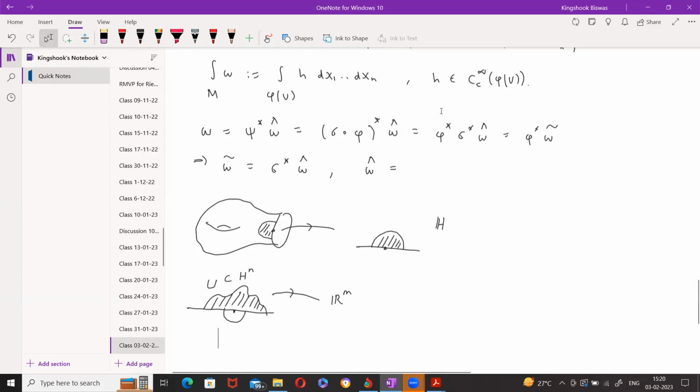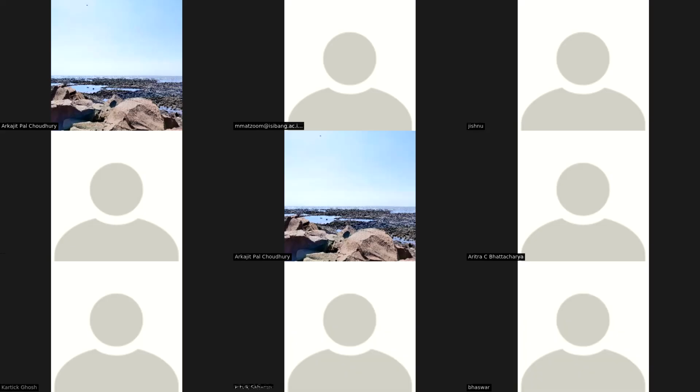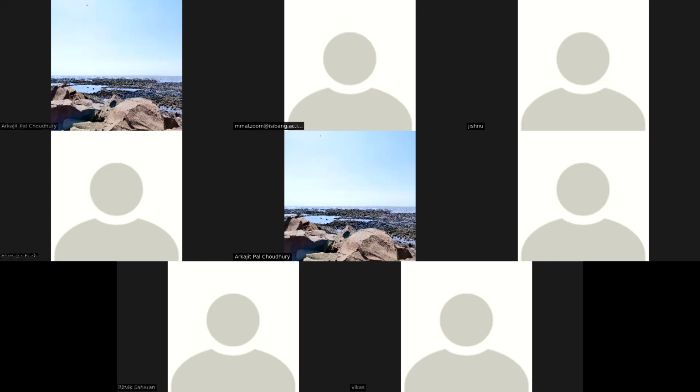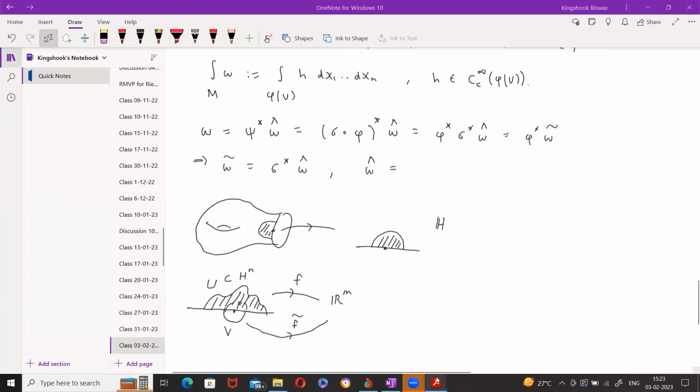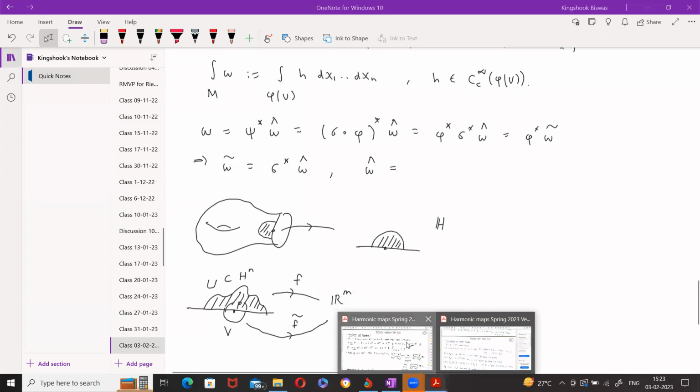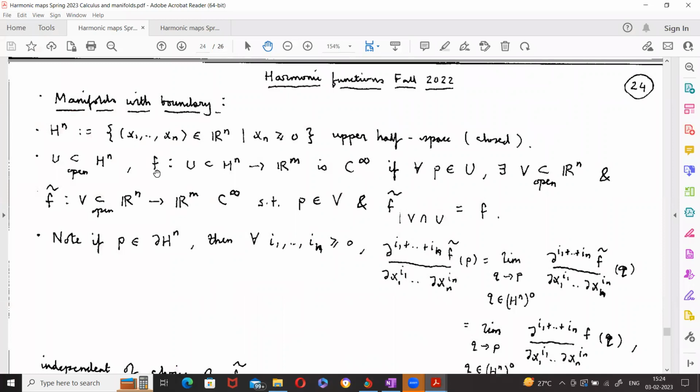Okay, let me stop this session and start a new session. All right, so we're going to define what is a manifold with boundary. We have to define what is a smooth map on an open subset of the closed upper half space Hn.